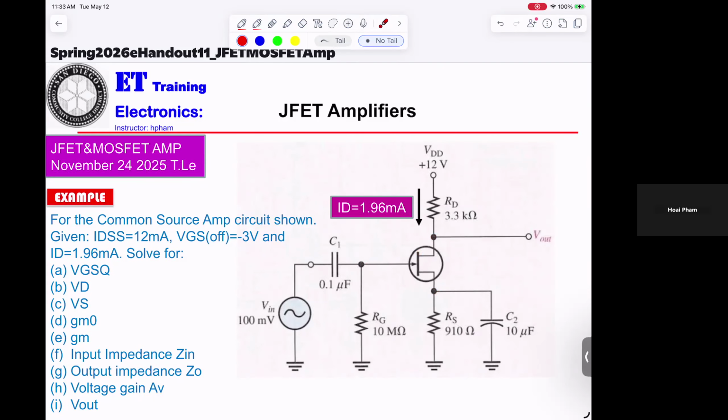Okay, make sure you know. That is the gate. That is the source. And this is the drain. Okay?